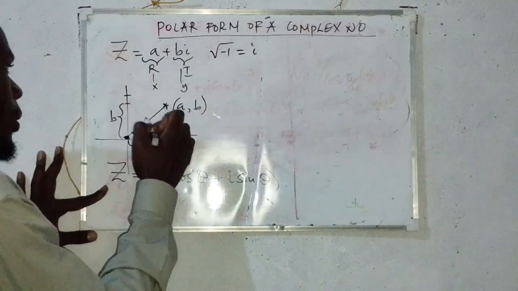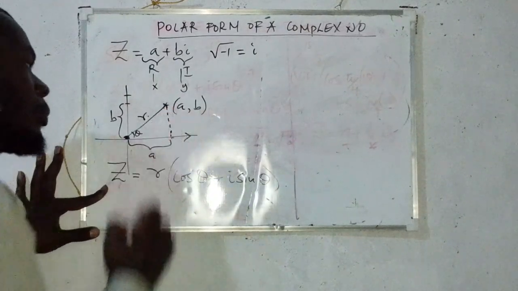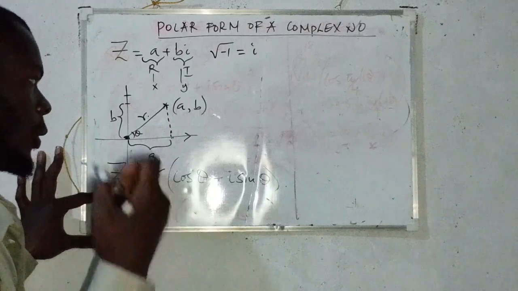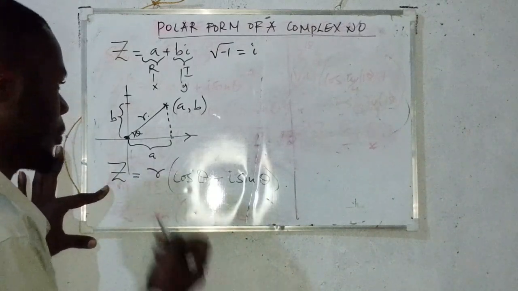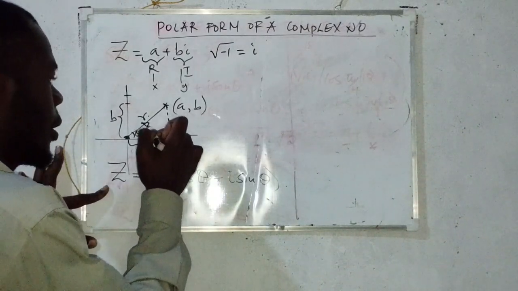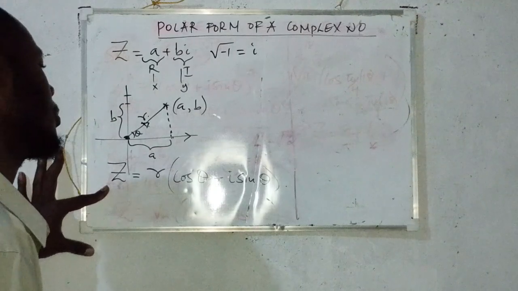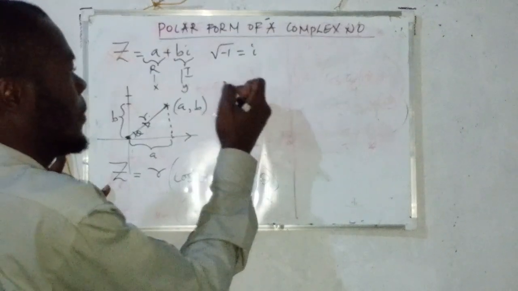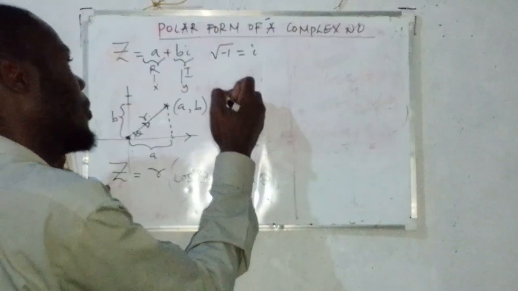From here to here, this is the modulus, or the magnitude. So we have the magnitude of the vector.